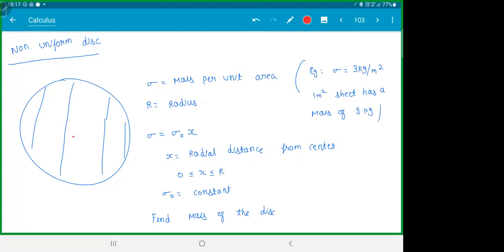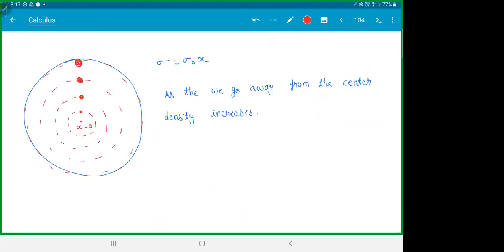So the more distance you travel from the center, the denser the disk is. So we want to find the mass of such a disk. This is little lighter, this is heavy. The big dot indicates it's denser.